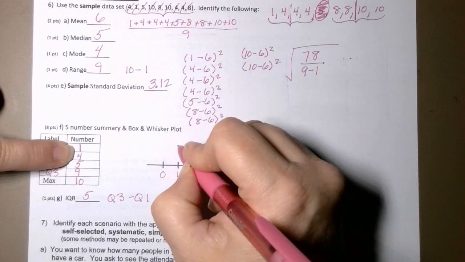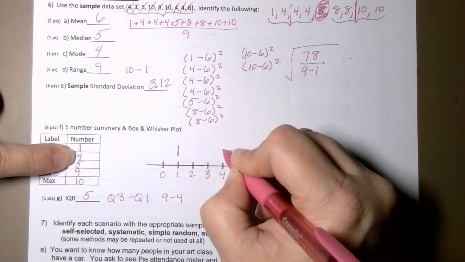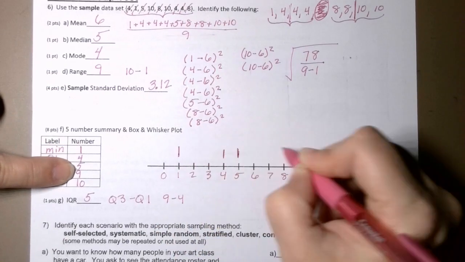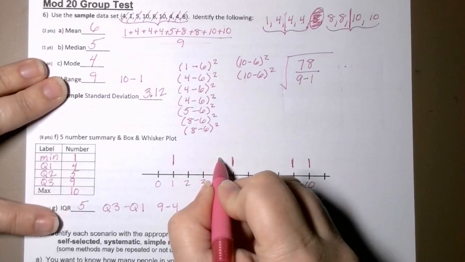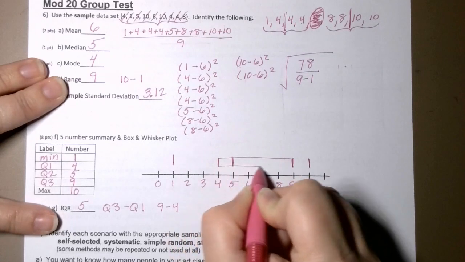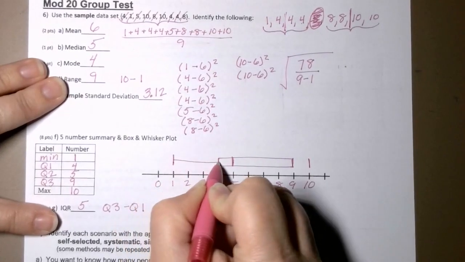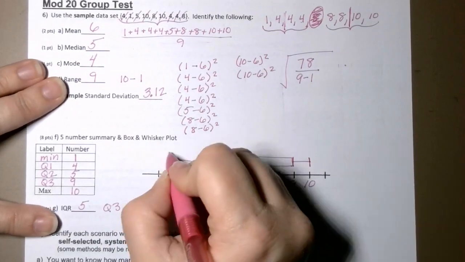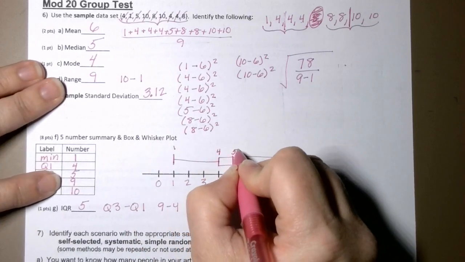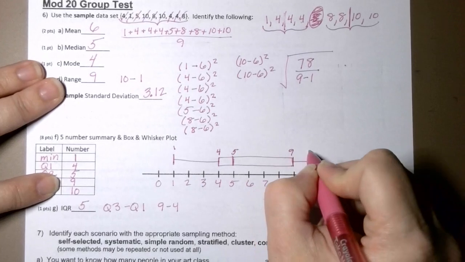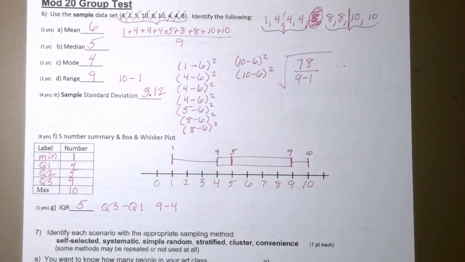The minimum is at 1. And then 4, 5, 9, 10. Connect those 3 middle boxes. And then draw your whiskers on the ends. And again, it's just helpful if you put those numbers up above to finish off your box and whisker plot.